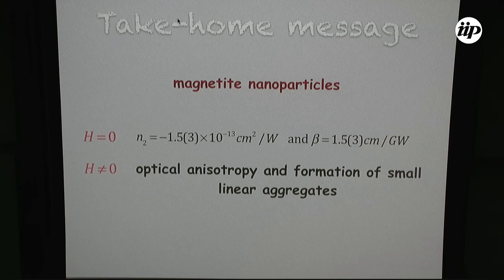Well, so what we have as a take-home message, we were able to measure some nonlinear optical properties of these magnetic nanoparticles in the scale of about 20 nanometers, one magnetic domain only. When you have H equal to 0, without the magnetic field, this is the nonlinear index of refraction. This is the nonlinear absorption. And when you have H different from 0, we were able to see an anisotropy, even in a cubic structure.